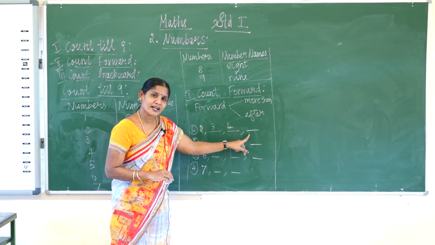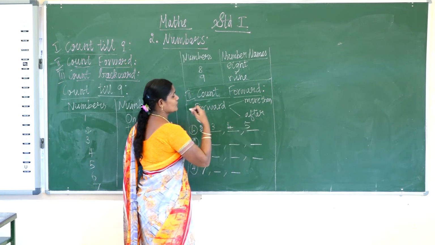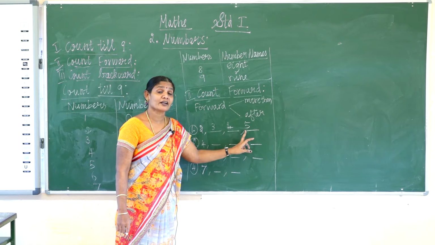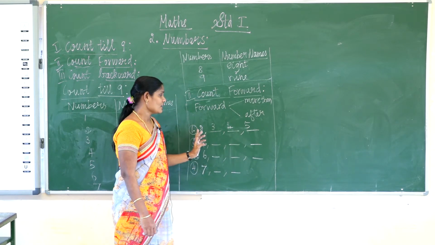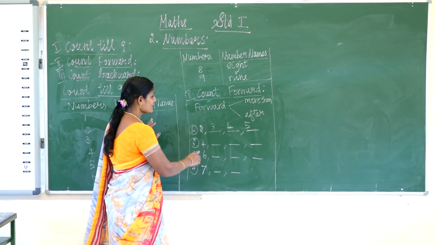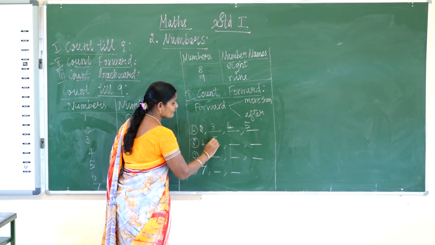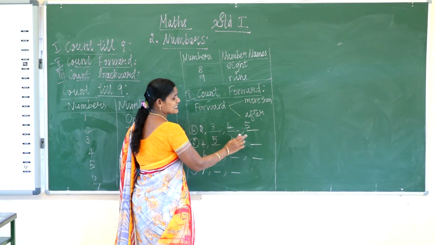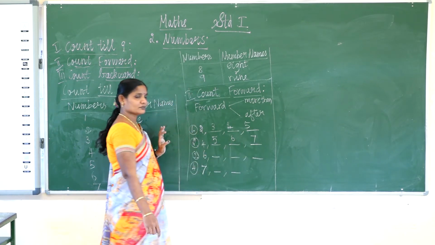Then 4 more than 5. So add one. They ask what the next number is. More than means the next number. 5 more than 6.